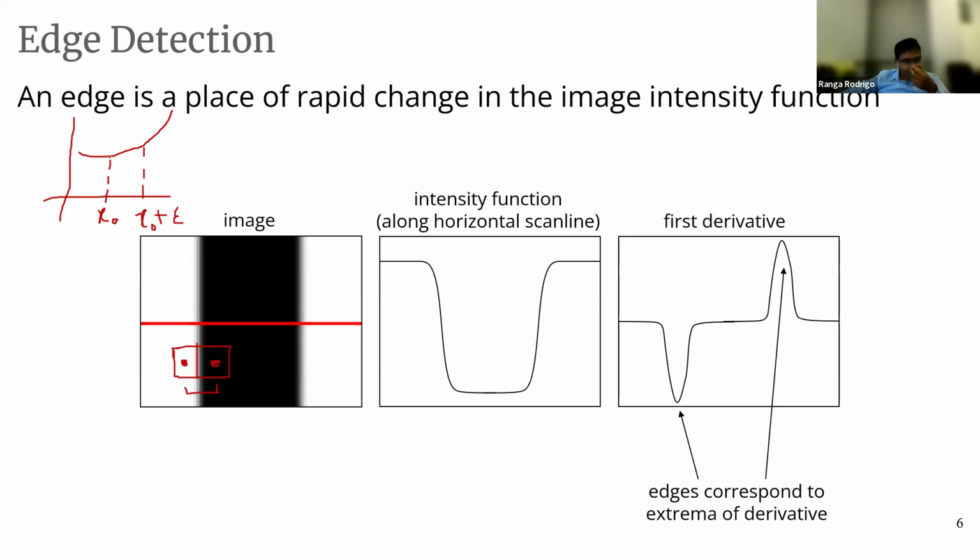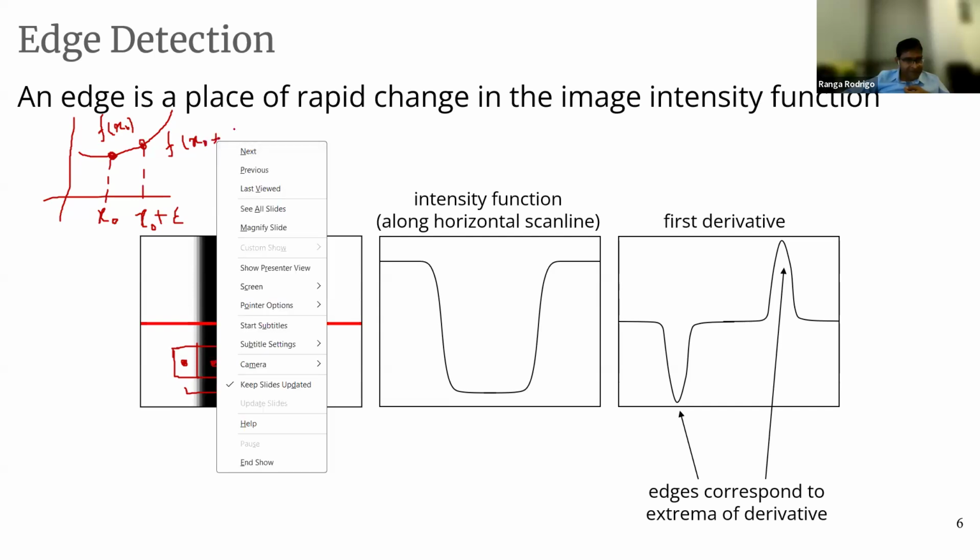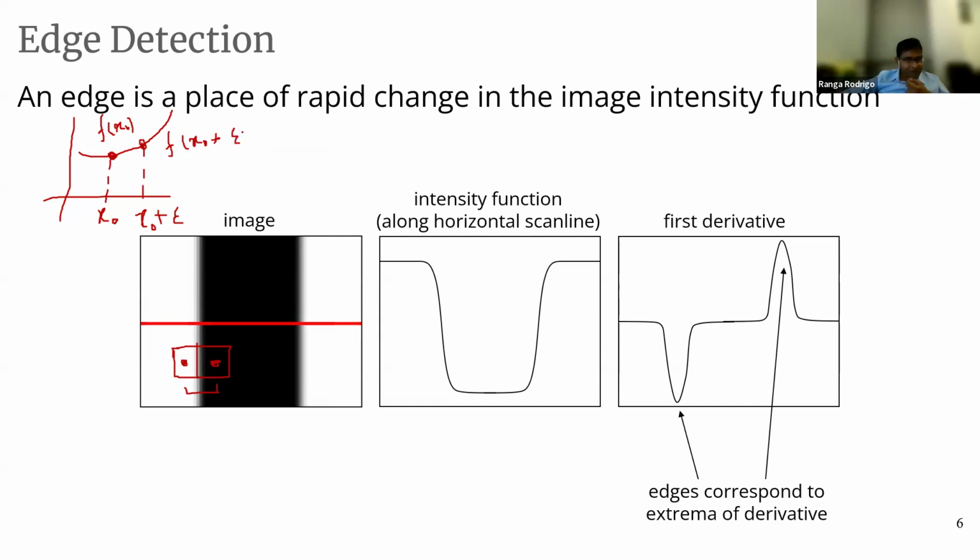What is the value of the function here? The value of the function here is f(x naught). What is the value of the function there? f(x naught plus epsilon). So we subtract and divide by the difference and set the limit to 0. That's how we find the derivative, right?